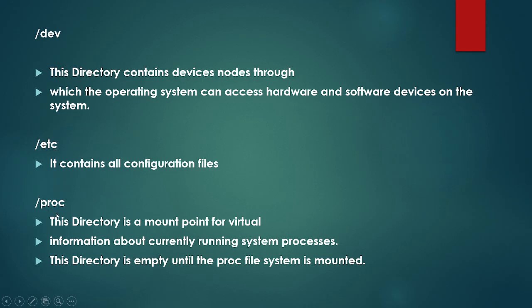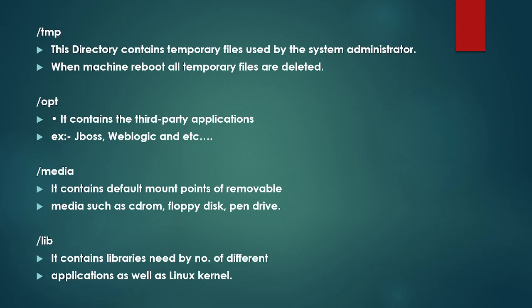Slash proc. This directory is the mount point for virtual information about currently running system processes. This directory is empty until the proc file system is mounted. This is a virtual directory. Slash tmp: this directory contains temporary files used by the system administrator or any other users.